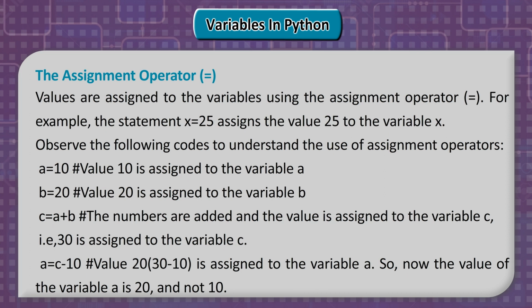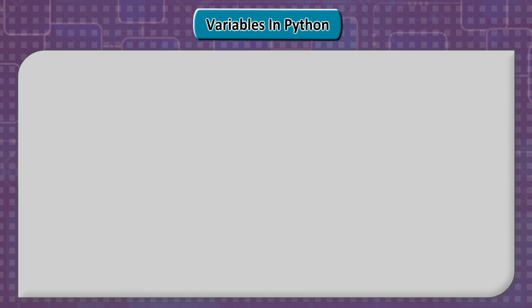That is, 30 is assigned to the variable c. a equals c minus 10, hashtag value 20, 30 minus 10, is assigned to the variable a. So, now the value of the variable a is 20 and not 10.